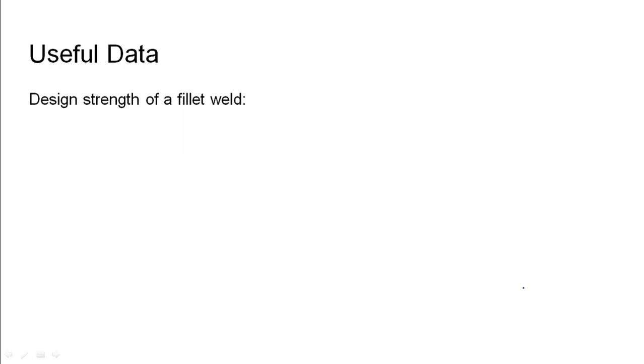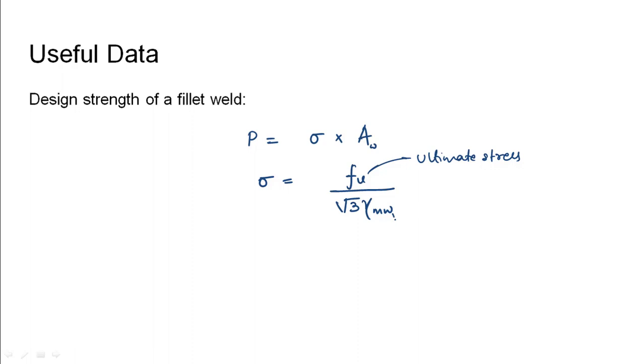So when we talk about the design strength of a fillet weld, it is given by P equals the stress it can take into the area of the weld. The stress value is given by the ultimate stress divided by root 3 gamma mw. Here Fu is ultimate stress and gamma mw is the safety factor.